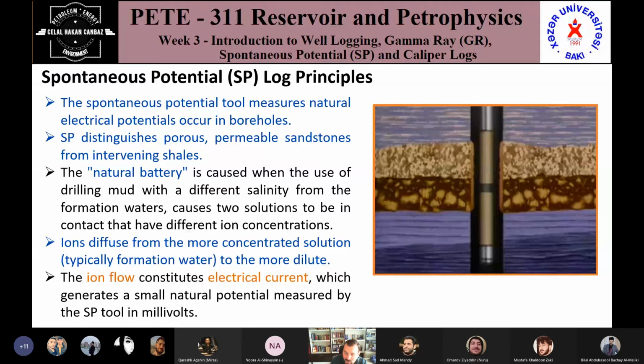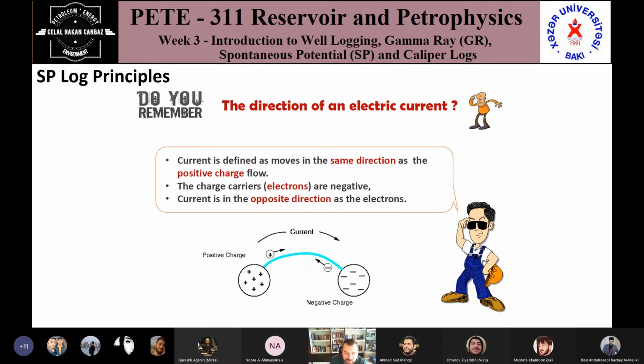Okay. So do you remember? Let me talk a little bit about the background of each of you. You will remember this one from your high school, I think, right? What was the direction of an electrical current? Current is defined as moving in the same direction as positive charge flow, right?